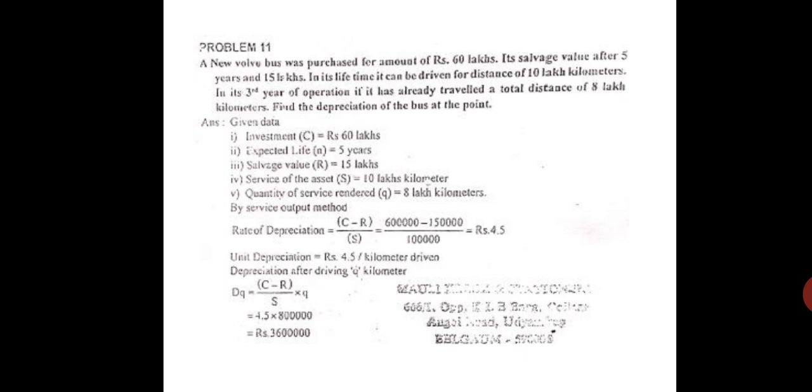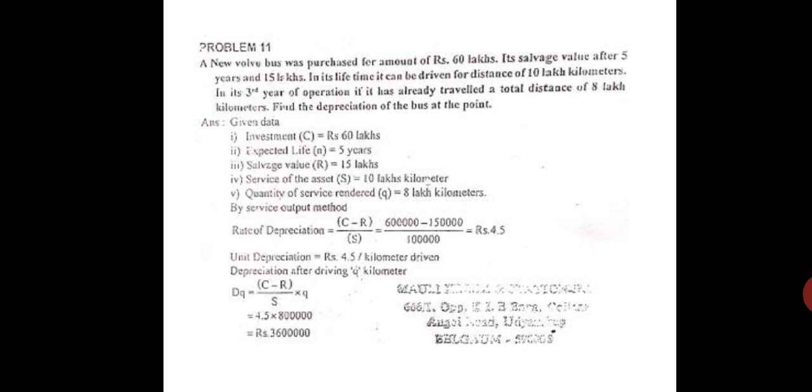Rate of depreciation is C minus R. What is the initial cost? 60 lakhs, minus the scrap value 15 lakhs, that you have to recover in 10 lakh kilometers. 60 lakh rupees minus 15 lakh rupees is 45 lakh rupees. You have to earn it, because the life of the bus is only 10 lakh kilometers.